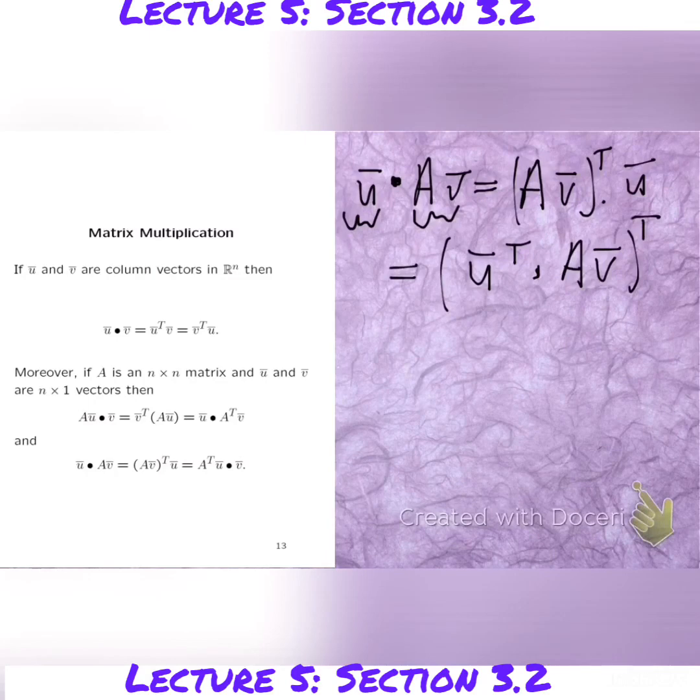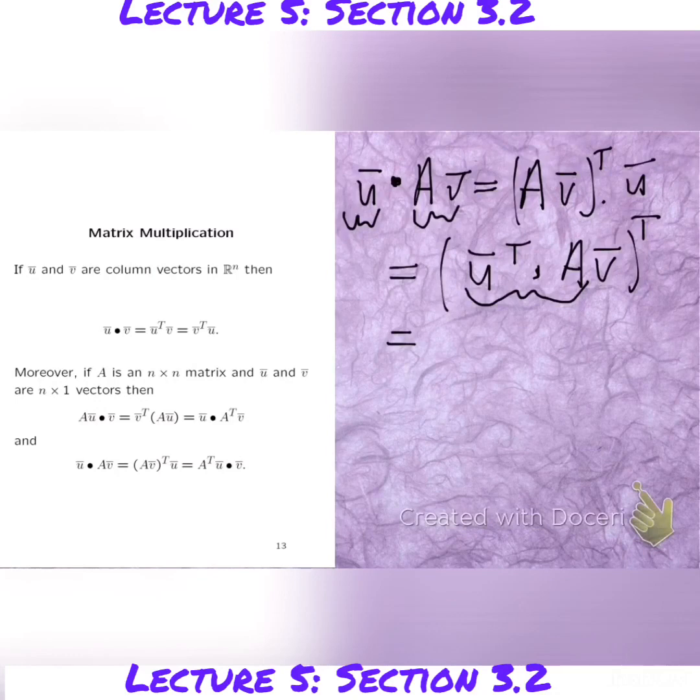And then again what you're going to do is group together the matrices in that group there.